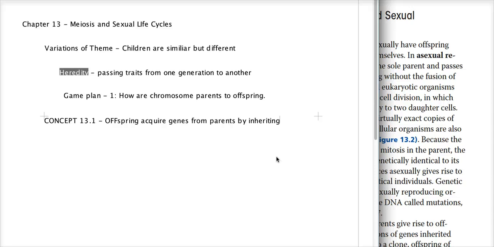Inheriting what? Inheriting chromosomes. I'm writing this word for word. Again, if you don't know what a chromosome is, you may have to look it up. It will be discussed in later parts of this unit, so you can hang on. You're not going to know everything, but my friends in chemistry, my friends in biology, we're going to figure this out. So offspring acquire genes from parents by inheriting chromosomes.